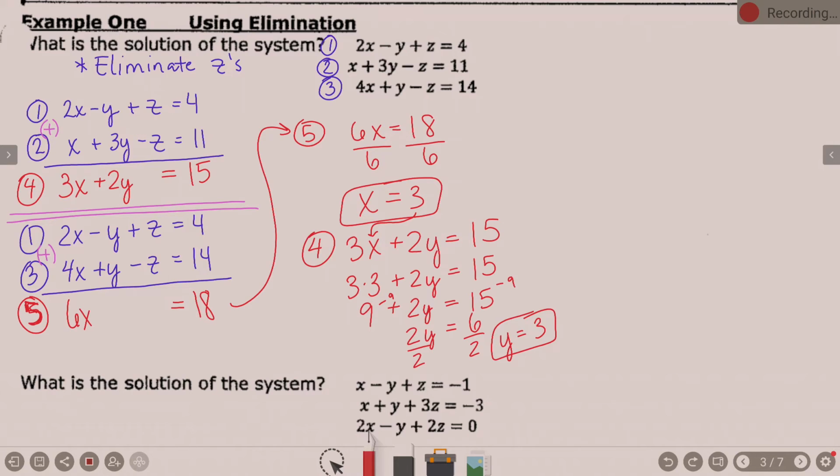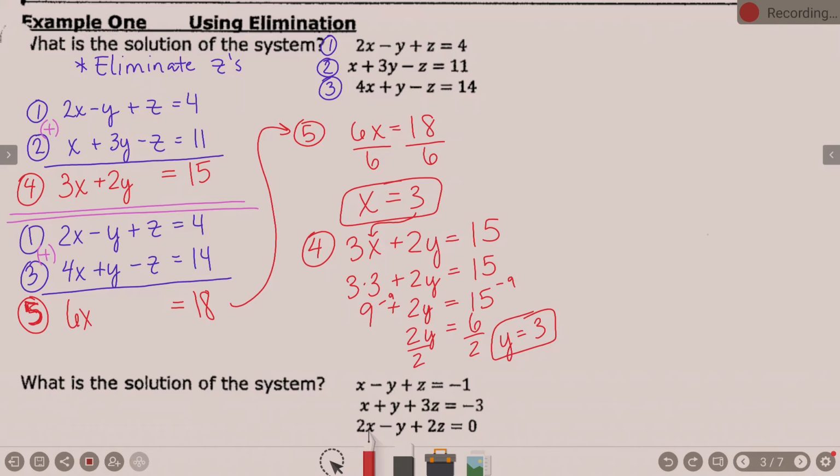Okay, so once you find your first variable, you take it and you plug it into equation 4 or 5. In this case, it had to be 4. I have 2/3 of my answer. I have x and y. What do we have to do once we have 2 of the 3 answers, then, do you think? We have to plug it in somewhere in an equation that has z. So normally at this point, you have to go back and use equation 1, 2, or 3.